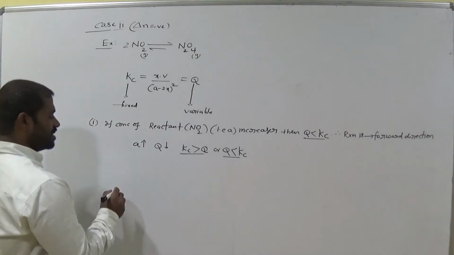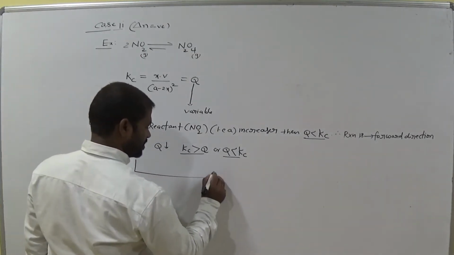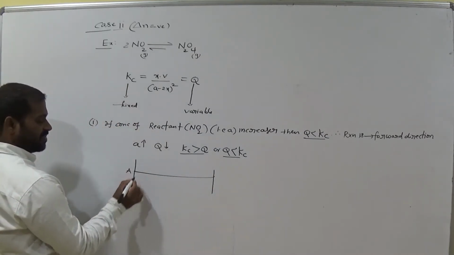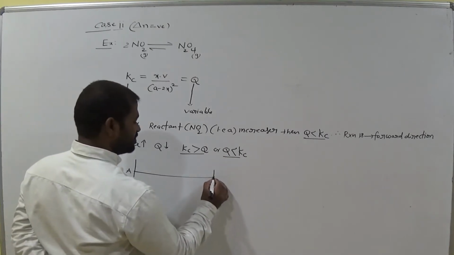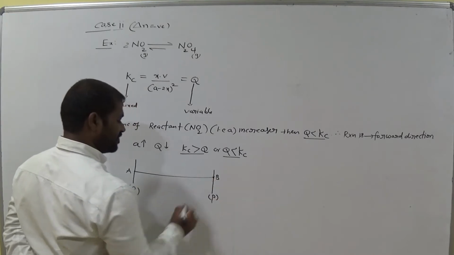Okay, we can explain this diagrammatically. Now this is point A, that means these are the reactants, and this one is point B, these are the products.